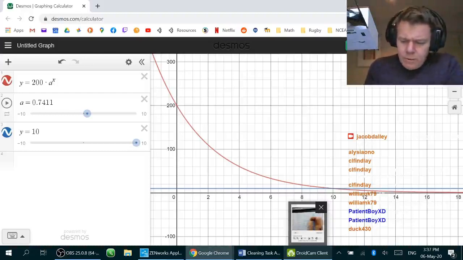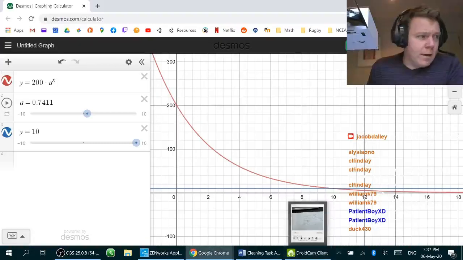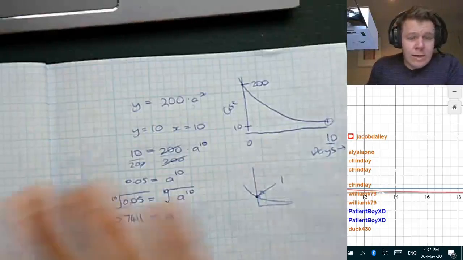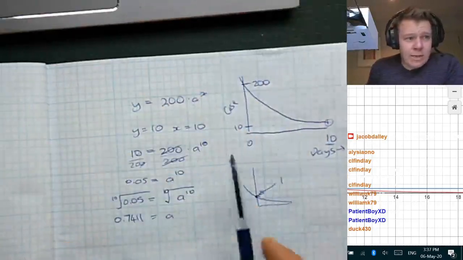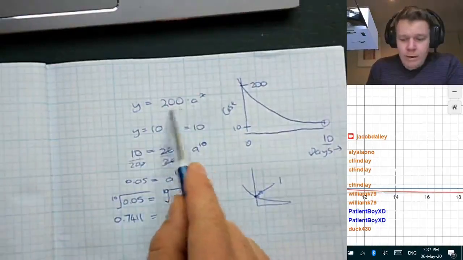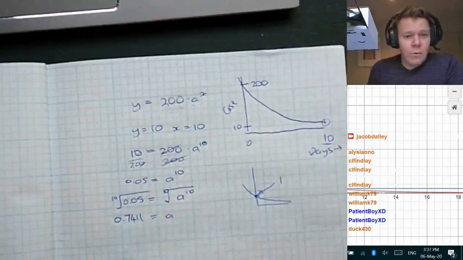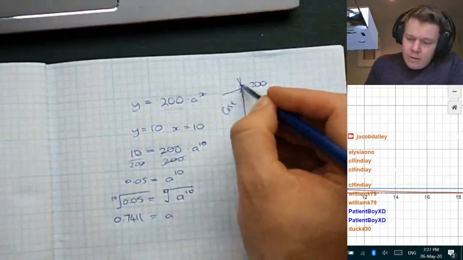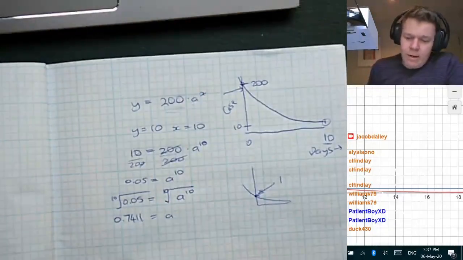So, new learning for today is that another way to tweak your exponential graph is that you can multiply a regular one and it will scale it up so that this intersection point with the y-axis is that number.